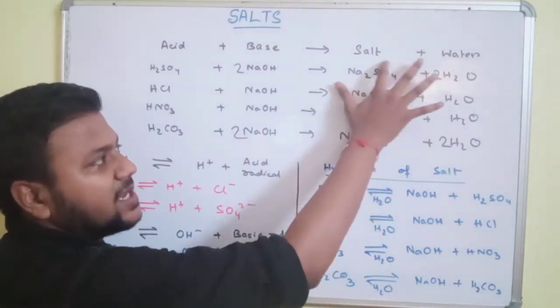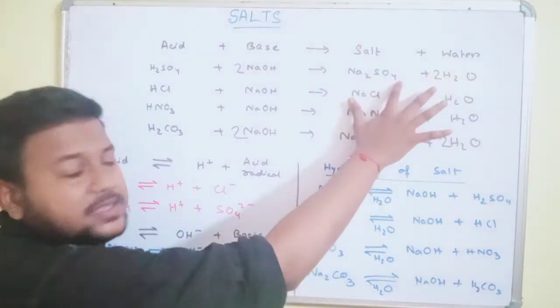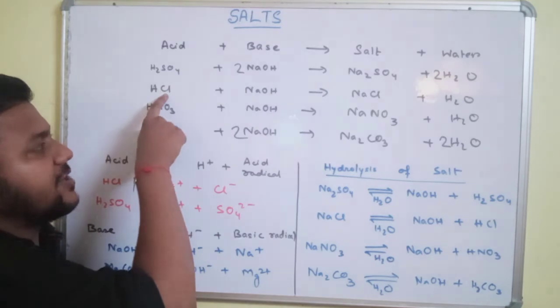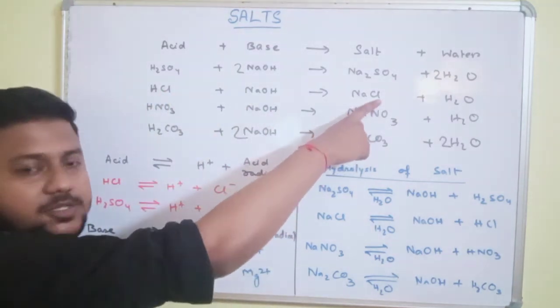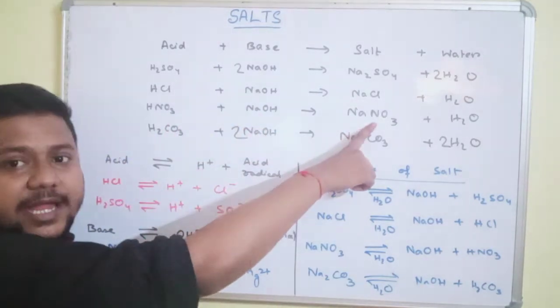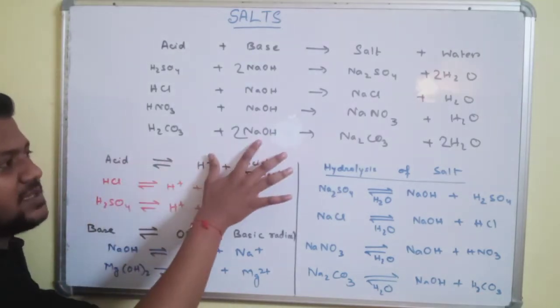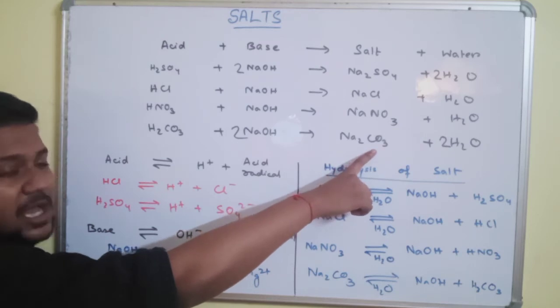All the salts will contain a particular acidic radical, that is SO4 2-, obtained from the acid. Again, when hydrochloric acid reacts with a base, it gives chloride salts. When nitric acid reacts with a base, it gives nitrate salts. When carbonic acid reacts with a base, it gives carbonates.